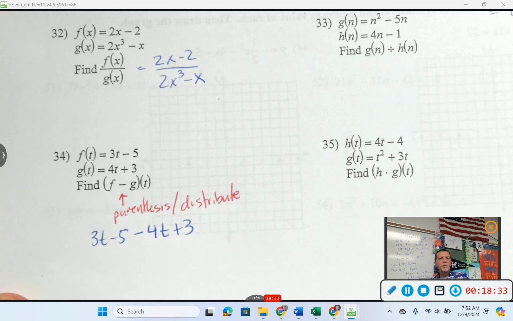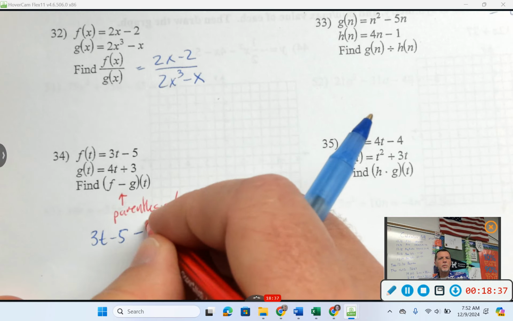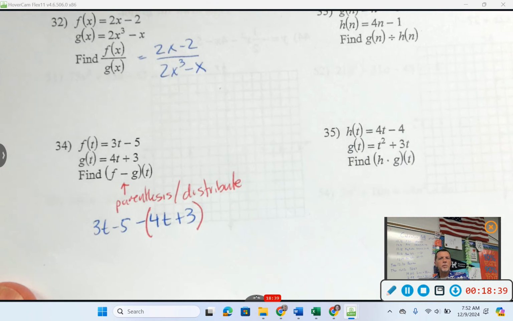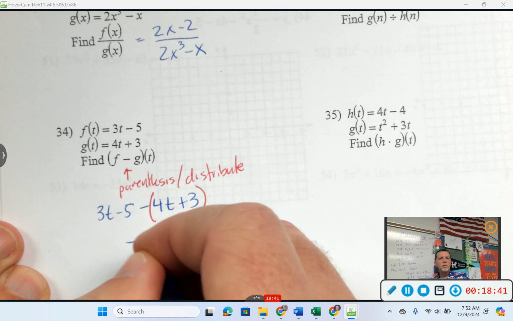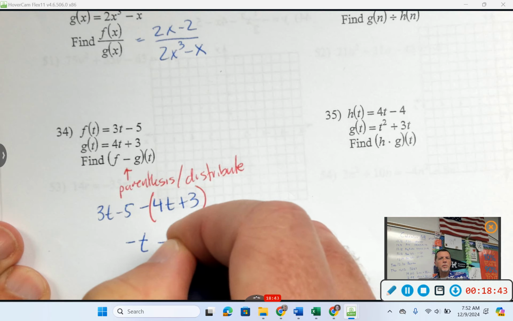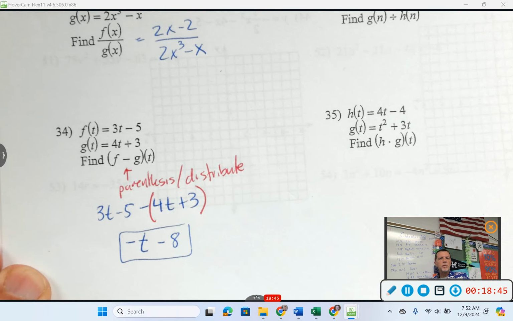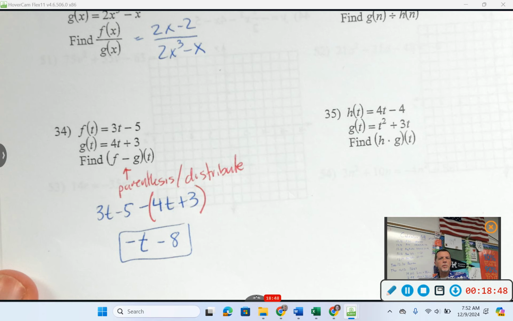Right, that looks like F minus G, I guess. But you need to subtract all of G. So negative T minus 8.